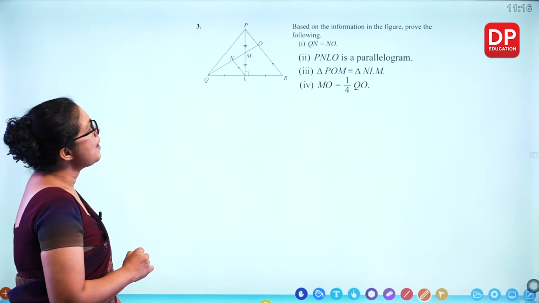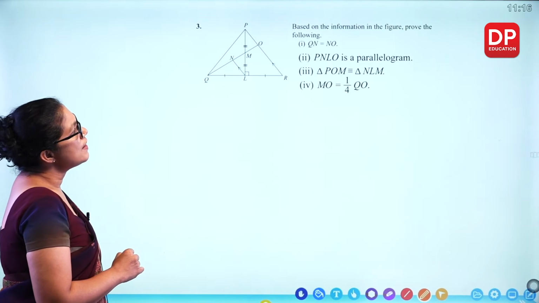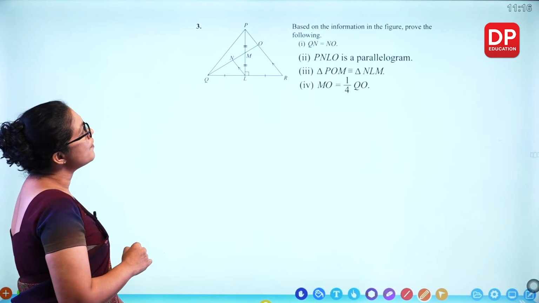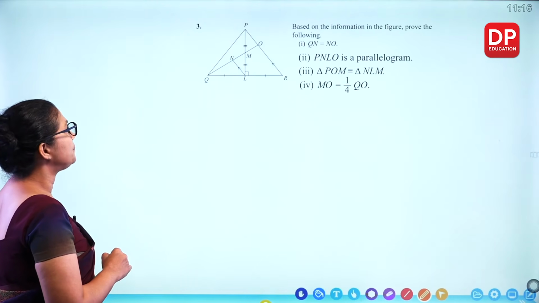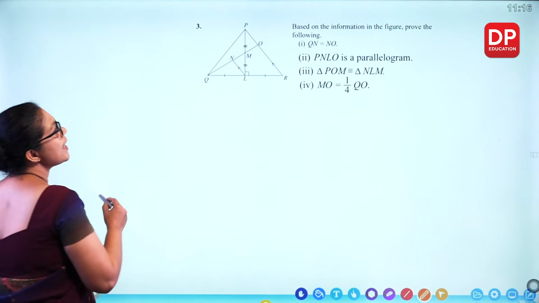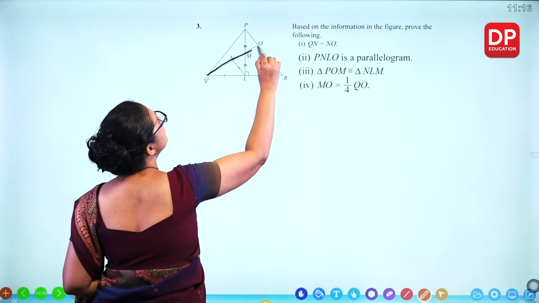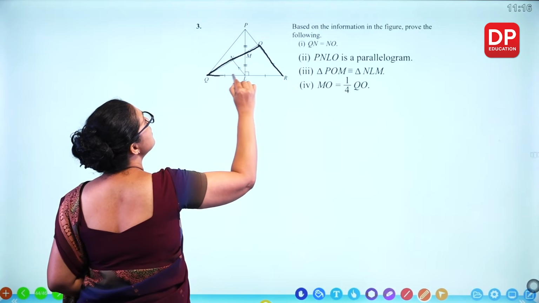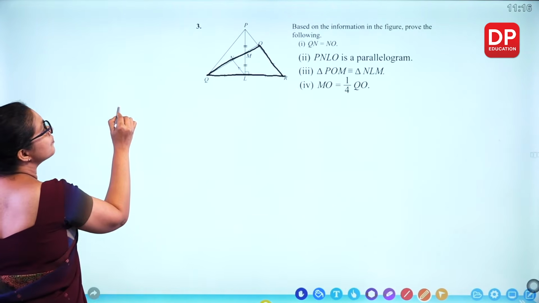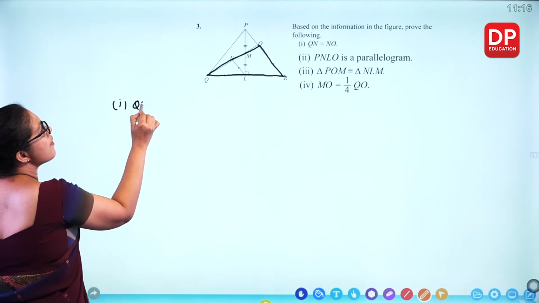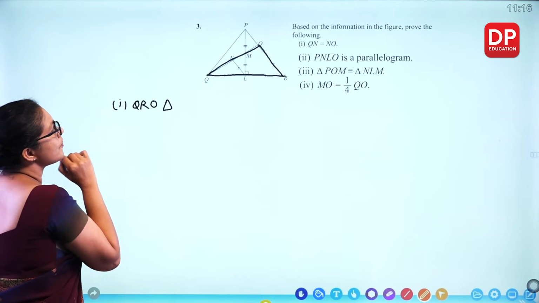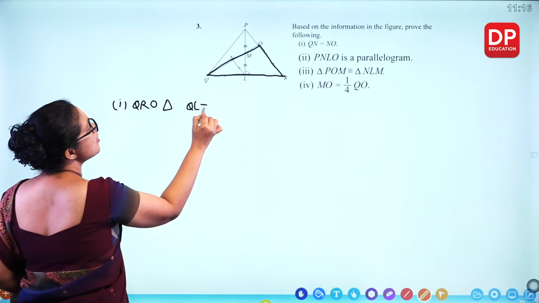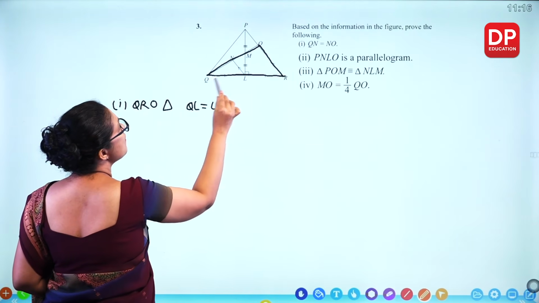Question number 3. Based on the information in the figure, prove the following. QN is equal to NO. So we can take this triangle. Look at this triangle, QRO triangle. QL is equal to LR. That's given.